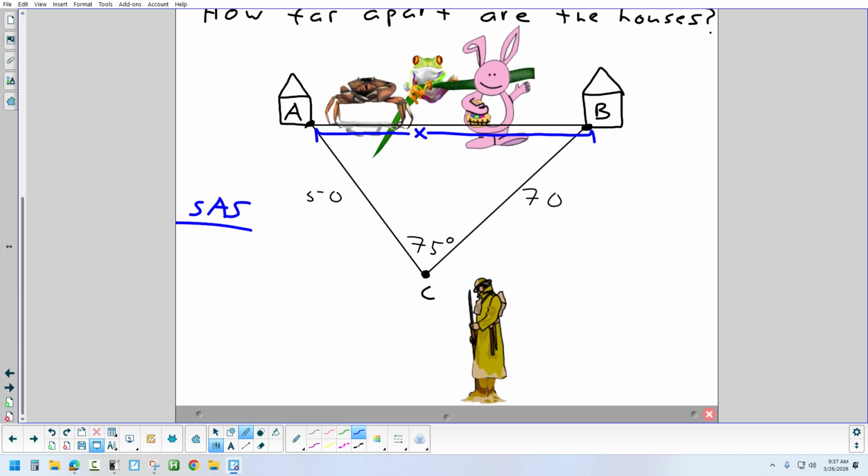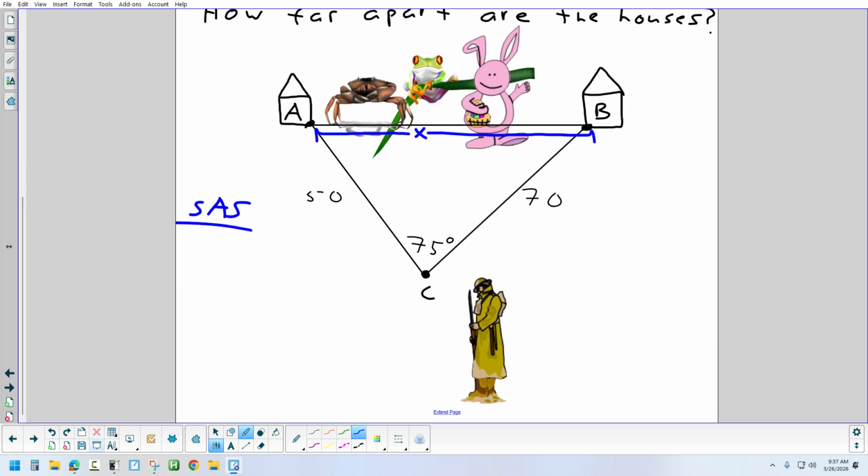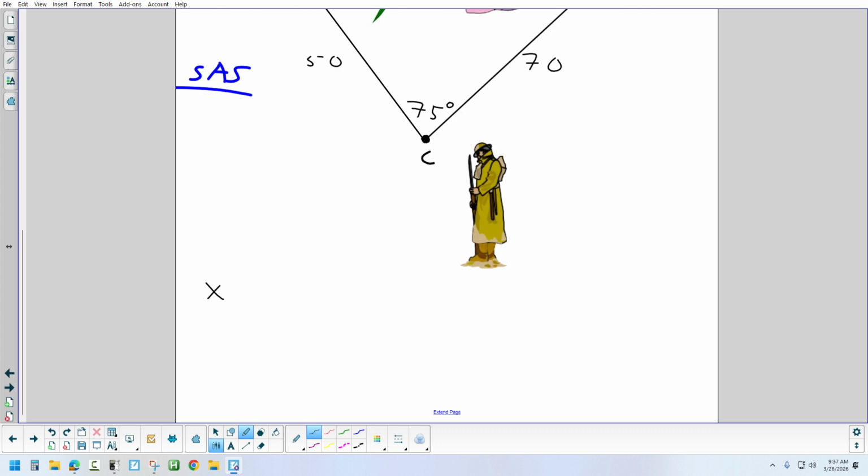So our goal is to find x. To find any side in a side angle side problem, you always start out with that letter squared. X squared.